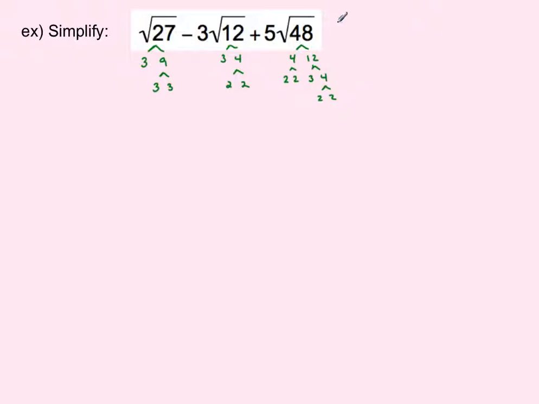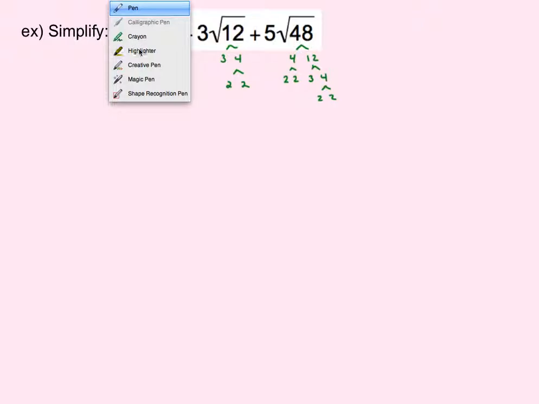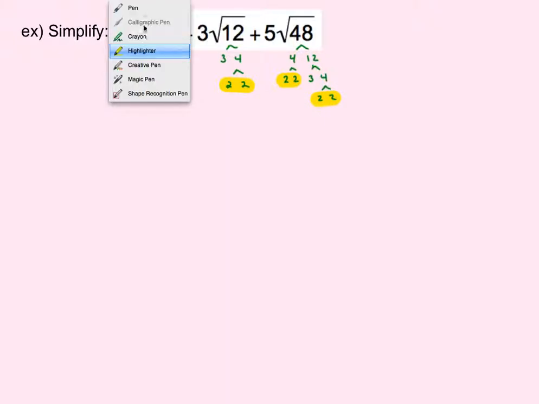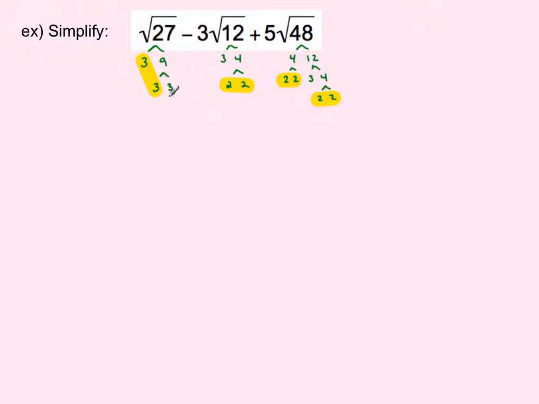These are all square roots, right? So I'm going to take my highlighter, and maybe you're working with a highlighter while you're doing this. If so, that's great. If not, and you're getting stuck, I encourage you to pick up your highlighter and start doing that. It might help you pretty drastically. I'm just going to underline the numbers that are left so I don't lose them along the way. All right, I'm ready to go now.